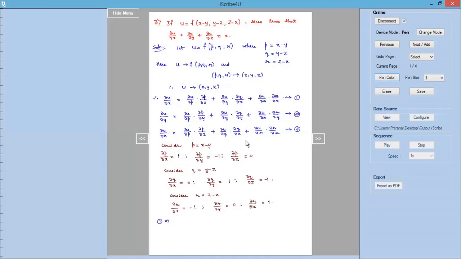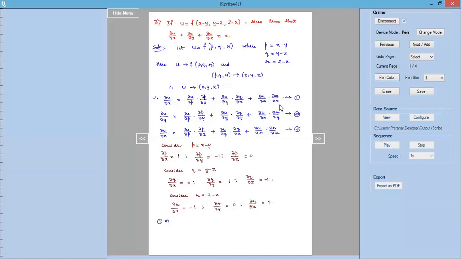We know ∂p/∂x, ∂q/∂x, ∂r/∂x. The remaining terms we are not familiar with, we will keep as they are: ∂u/∂p, ∂u/∂q, ∂u/∂r. So let us substitute for ∂p/∂x, ∂q/∂x and ∂r/∂x. One by one we will see.